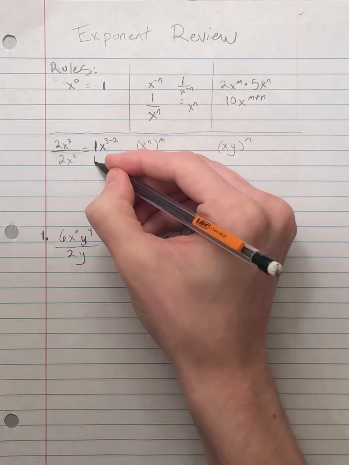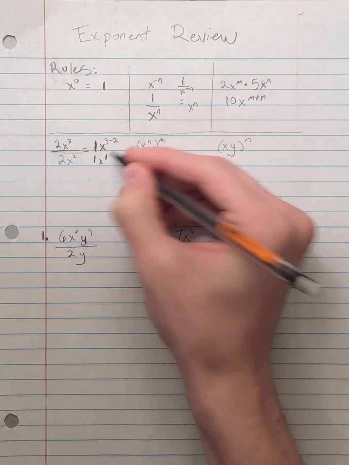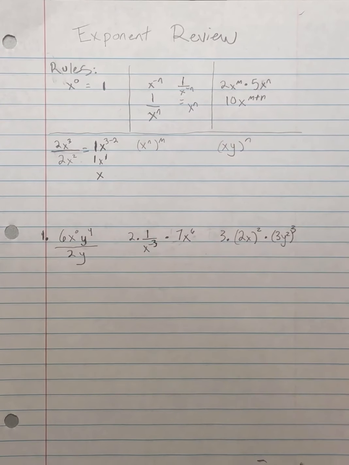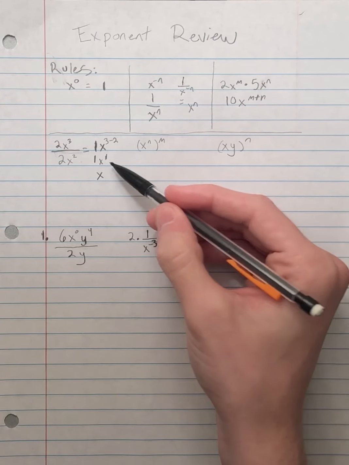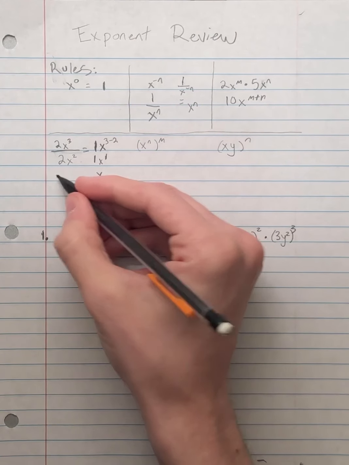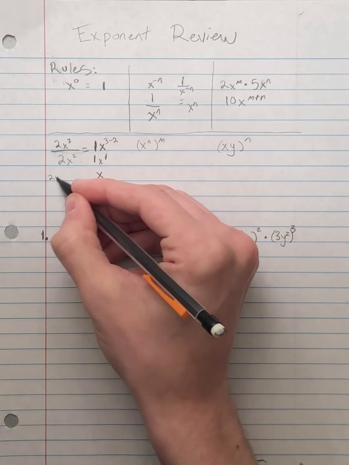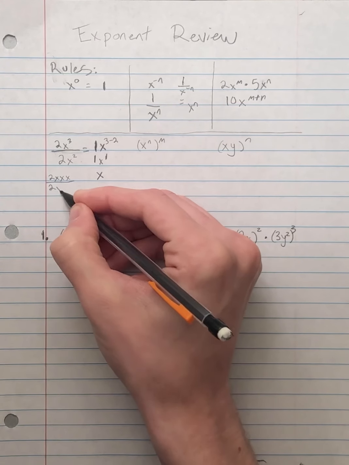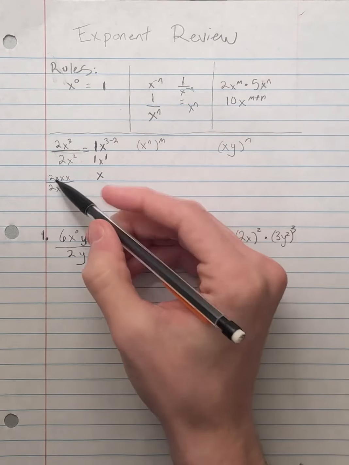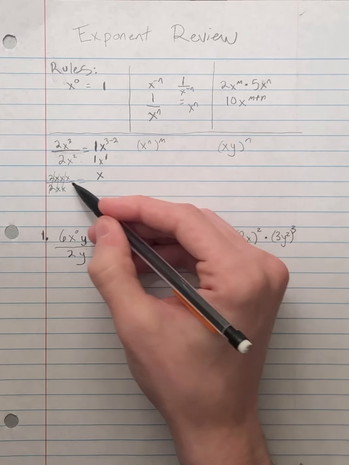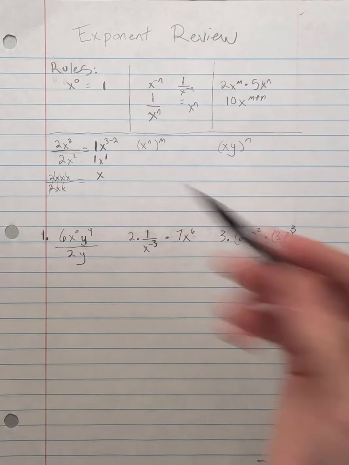So I have 1 times x to the first power, or just x, because the times 1 is assumed, along with the x to the first power. You could have also solved this by expanding out, so I'd have 2 over x times x over 2 times x times x. And I would cancel out what's on top and bottom, and I end up getting the same thing. I'm just left with one of the x's.